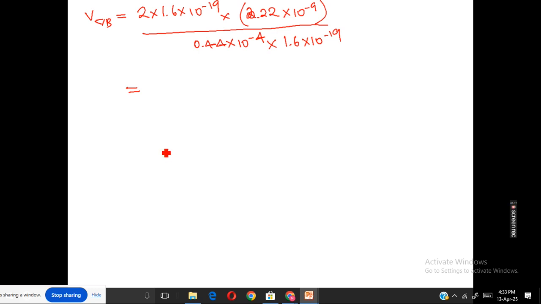The answer will be around 1 into 10 raised to minus 4. This will be the gradient drift velocity. There is a negative over here, so minus 10 raised to minus 4 meter per second will be the answer.